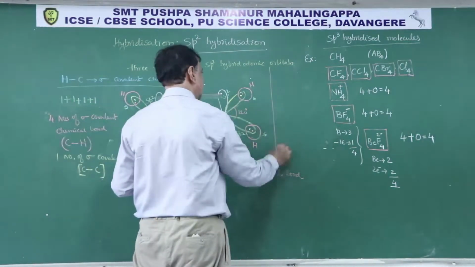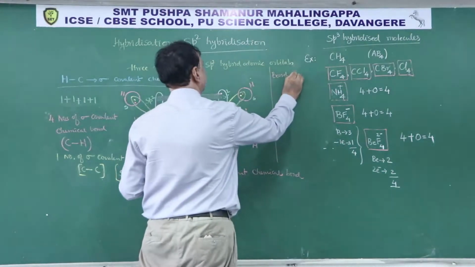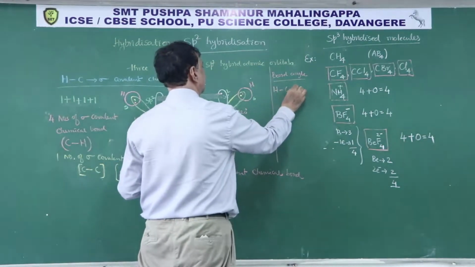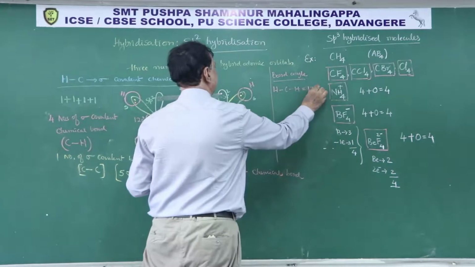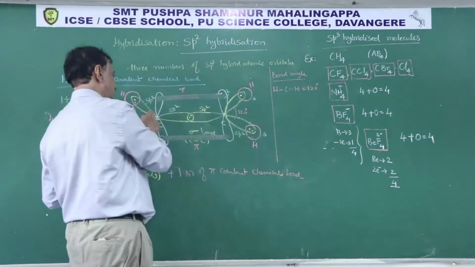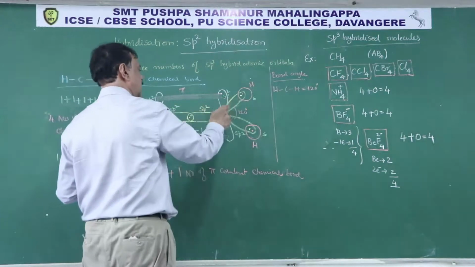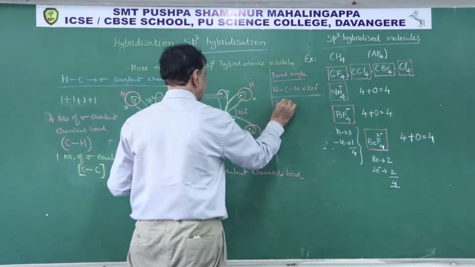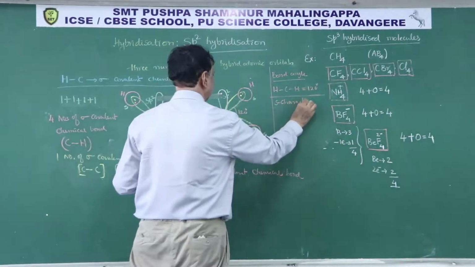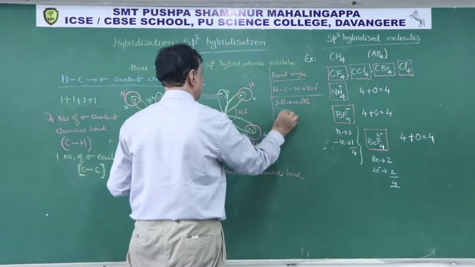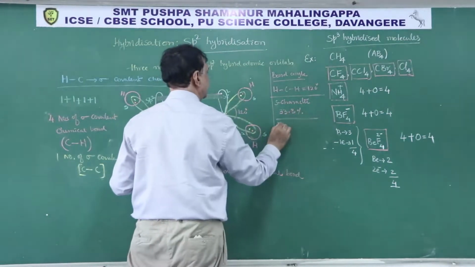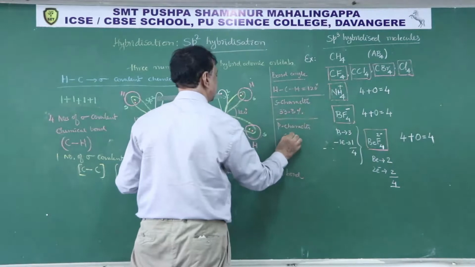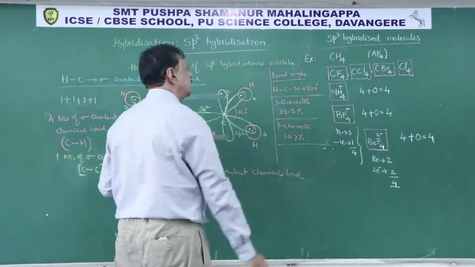Therefore, very important, the bond angle: the hydrogen carbon bond angle is 120 degrees. And the s character in the sp2 hybrid molecule is 33.3%, and the p character is 66.7%.